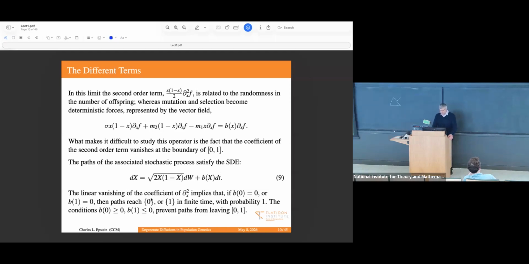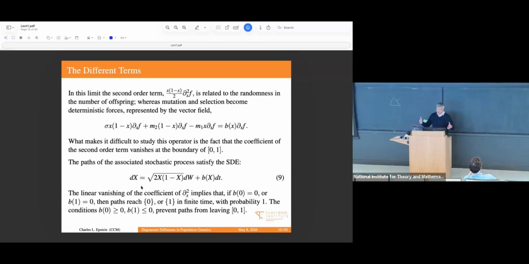The linear vanishing of the coefficient implies that if b(0) is 0 or b(1) is 0, then a path will reach 0 or 1 in finite time with probability 1. In fact, if both coefficients are 0, then with probability 1, every path will reach either 0 or 1 in finite time, and when it gets there, it stays there.